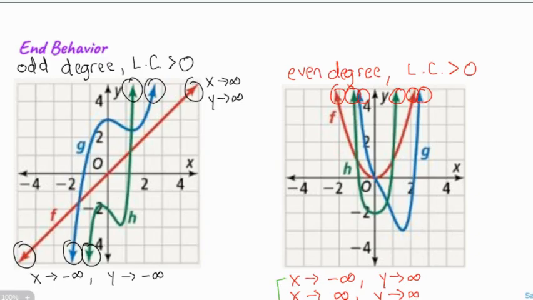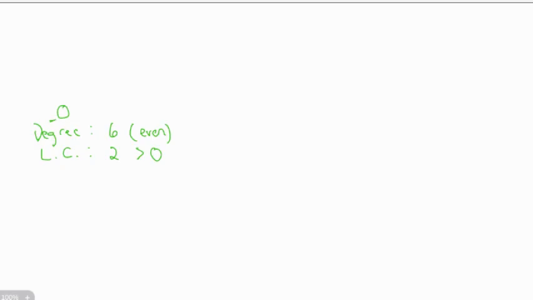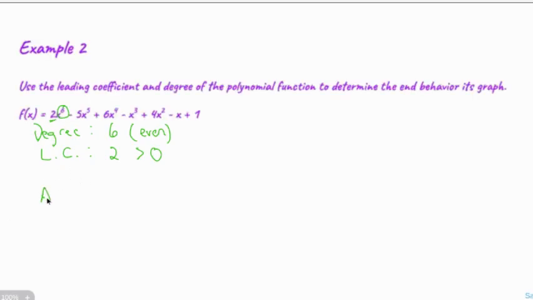We're just going to copy this down. So we're going to say as x approaches negative infinity, y approaches infinity. As x approaches infinity, y approaches infinity. Why is this important?